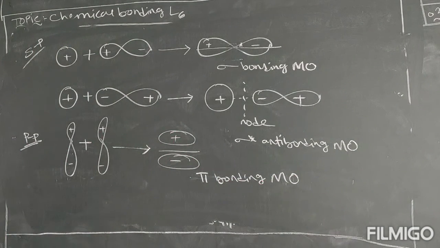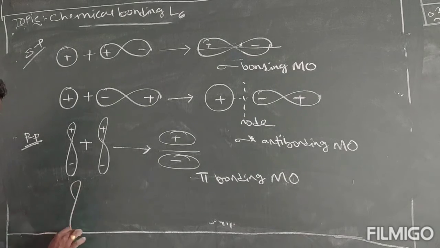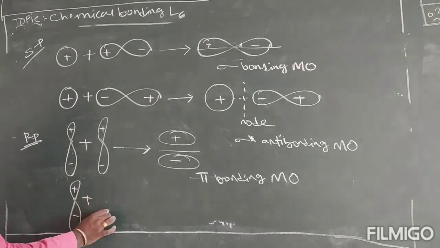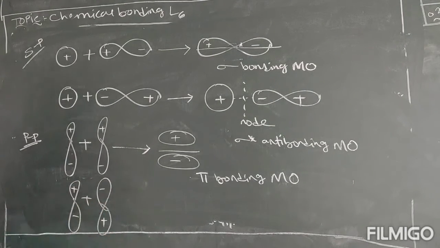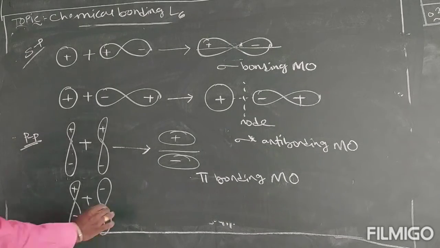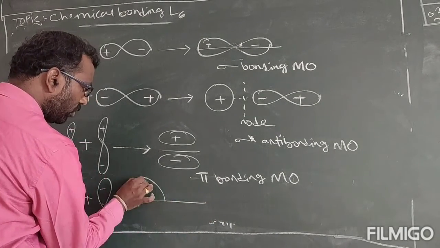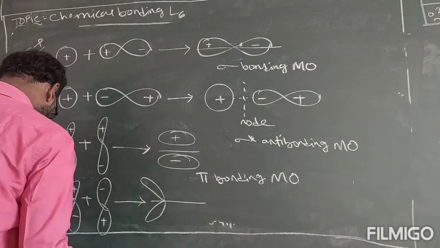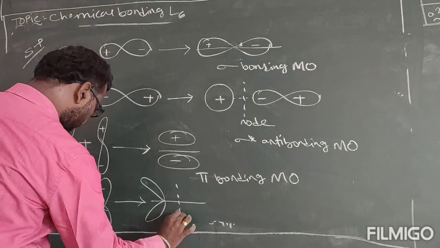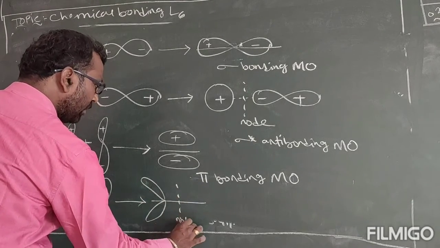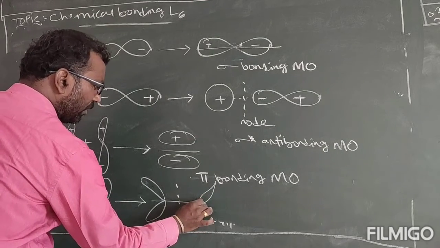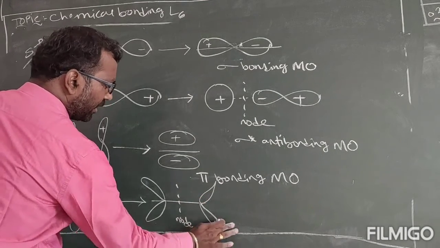The same, anti-bonding means minus and plus. So it will result in a node, like this.